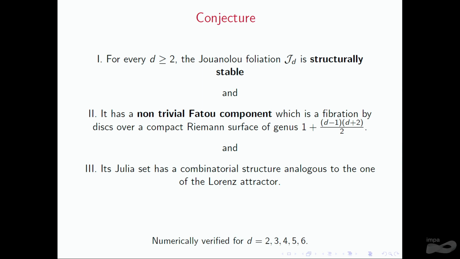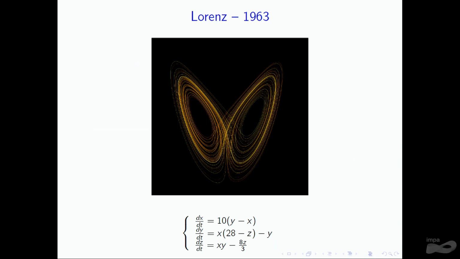And also, as I said, we have a kind of precise conjecture for the combinatorial structure of the Julia set. And I will finish by that: this limit set resembles an attractor that was discovered by Lorenz. So this is an attractor of a differential equation in the real case.